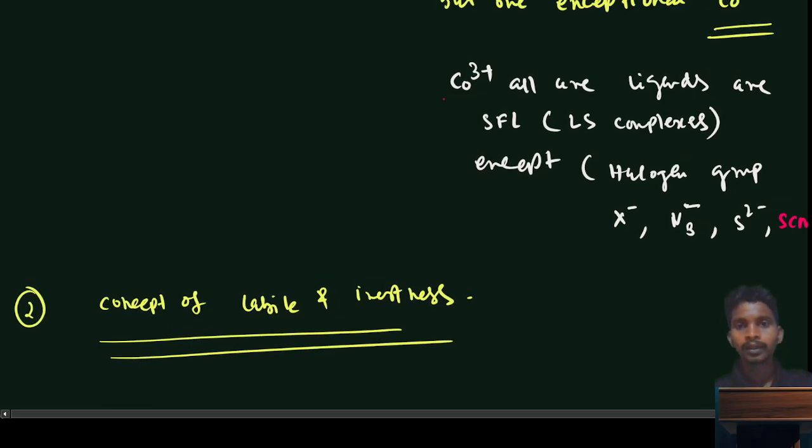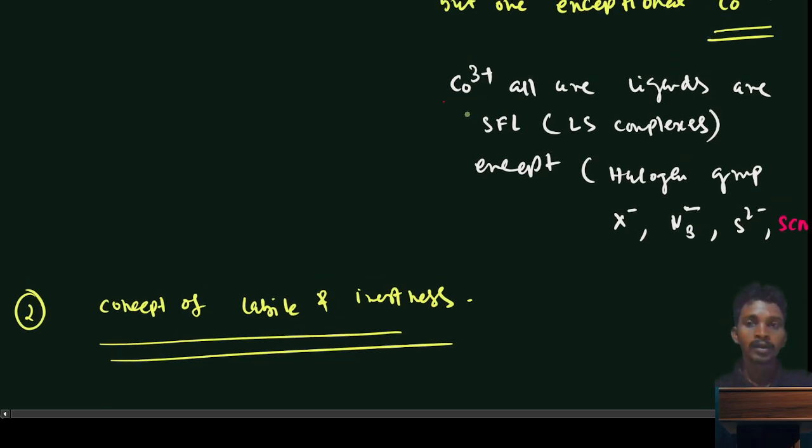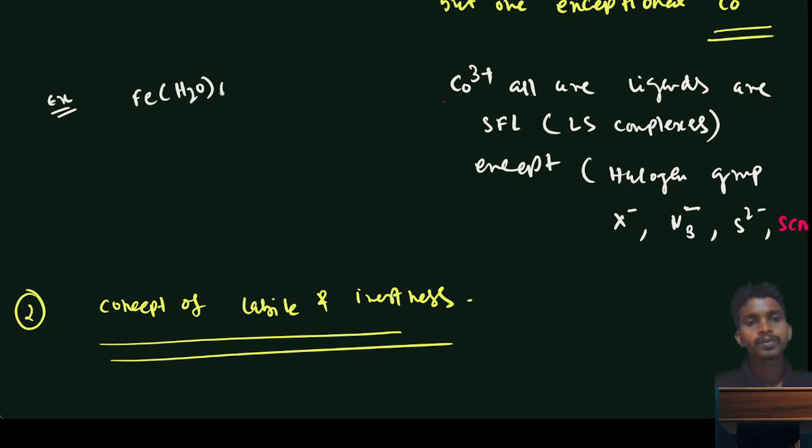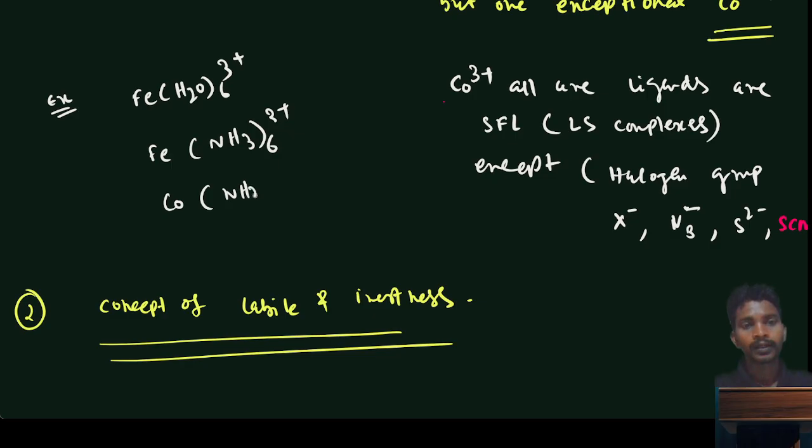So here we see where I am taking low spin and high spin. Let's say I give an example for this case. Let's say Fe H2O 6 3 plus is there, and Fe NH3 6 3 plus is there, and cobalt NH3 6 3 plus is there.